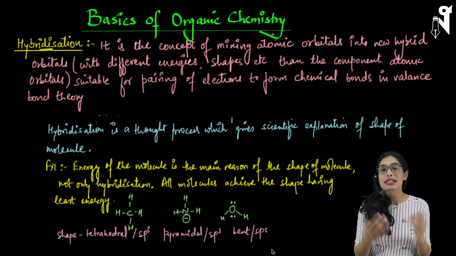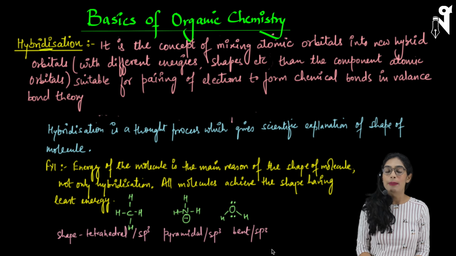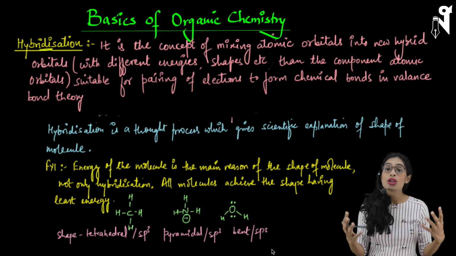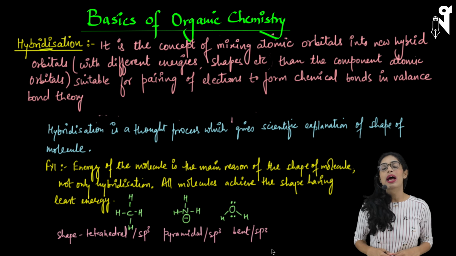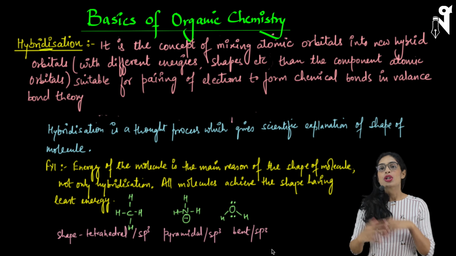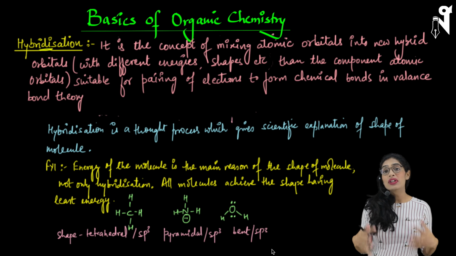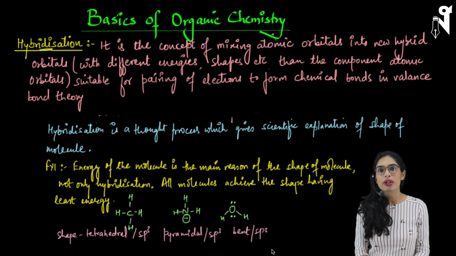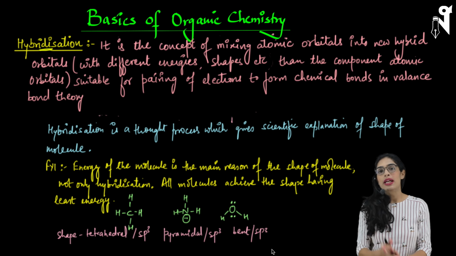This is exactly what happens in hybridization. So hybridization is a concept of energy, and also a concept of shape. And we have learned that we get to understand the shape of molecules using the hybridization concept.